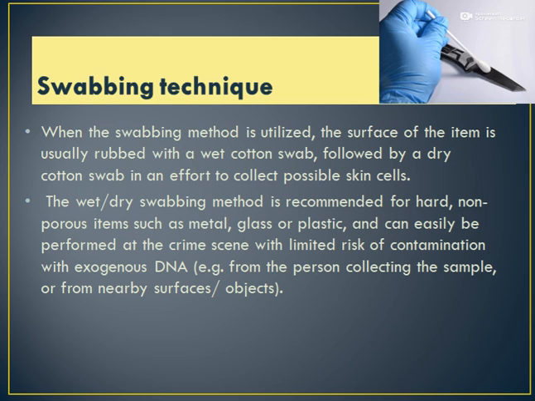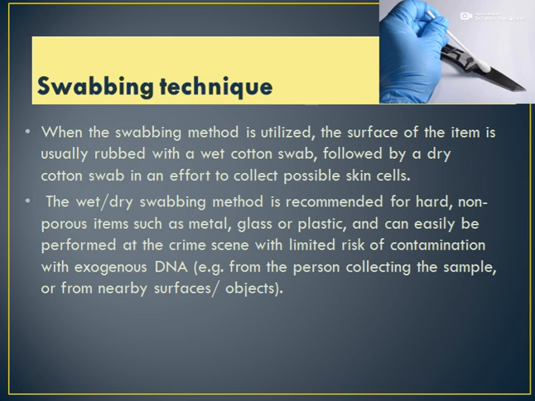The wet or dry swabbing method is recommended for hard, non-porous items such as metal, glass, plastic, and it can be easily performed at the crime scene with limited risk of contamination with exogenous DNA.